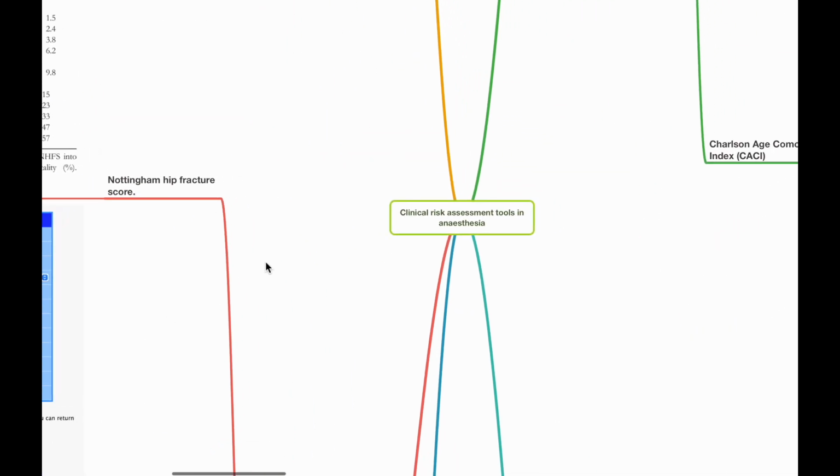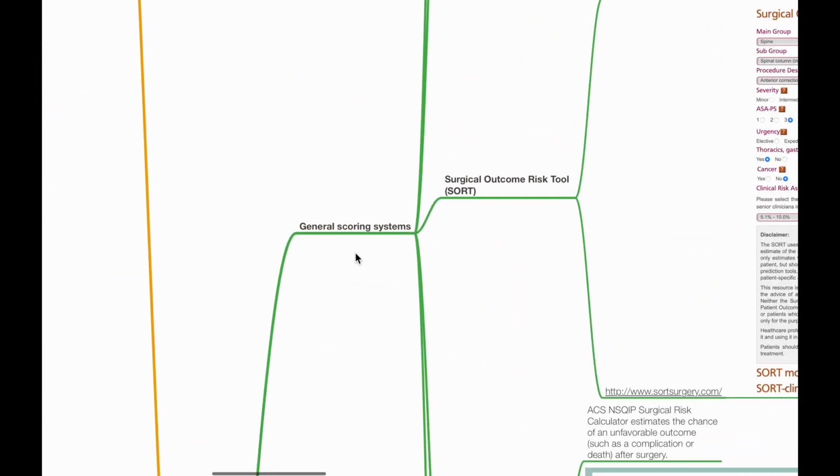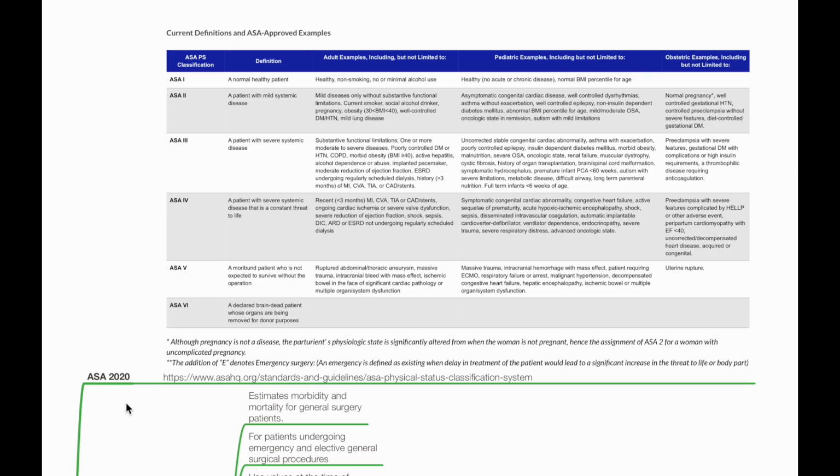Clinical risk assessment tools in anesthesia. General scoring systems. This includes the ASA Physical Status Classification System, latest update 2020.